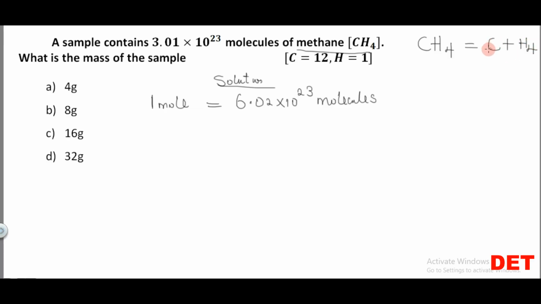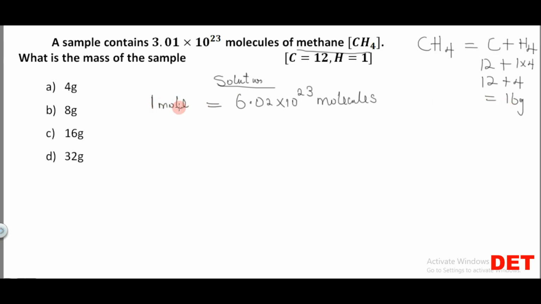The relative atomic mass of carbon is 12, so that is 12 plus the relative atomic mass of hydrogen, which is 1 times 4, which gives us 4. So that will be 12 plus 4, which is equal to 16 grams. So 1 mole of methane is equal to 16 grams.